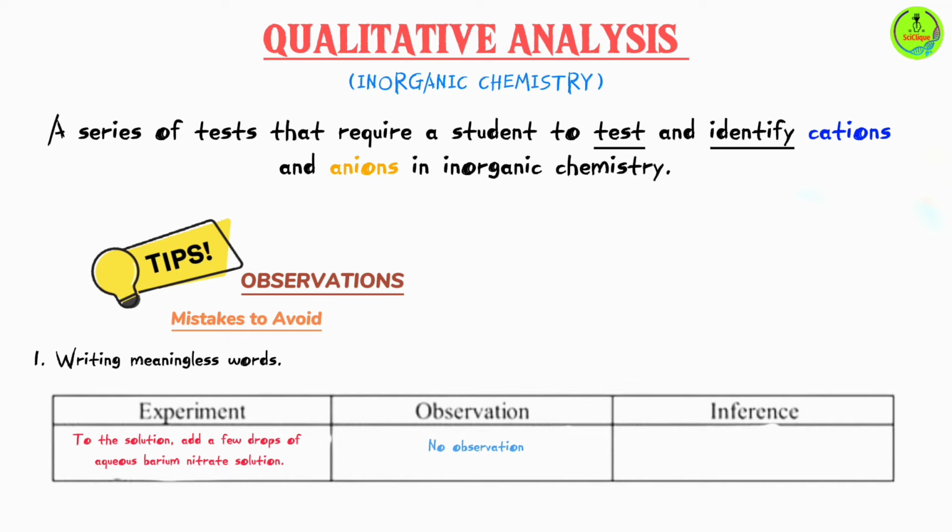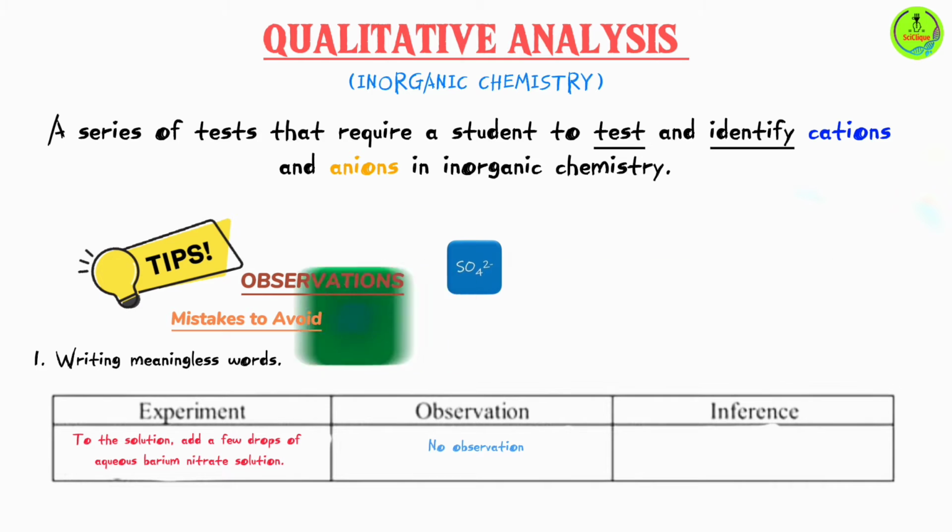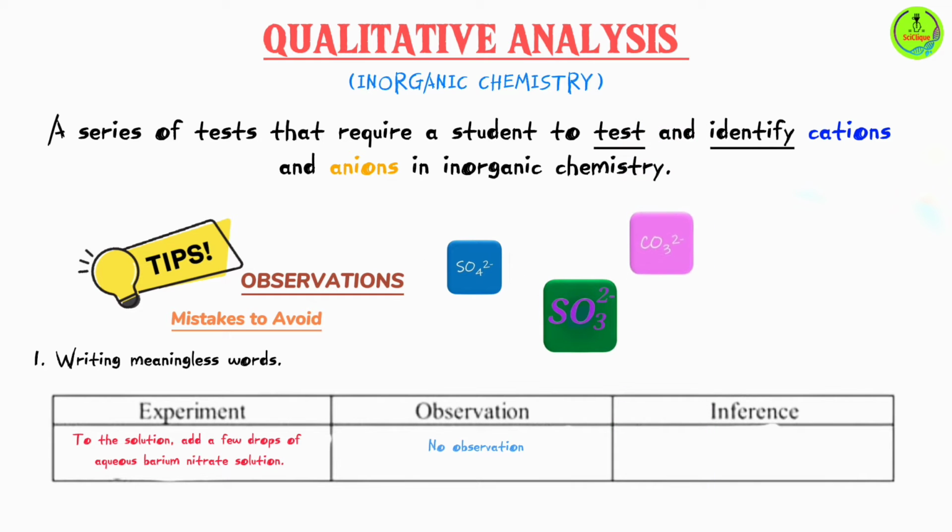Let me give an example. If you're using barium nitrate solution, this is a solution that is used to test for sulfate, sulfide, or carbonate ions. Before using this, you should already know that there are two expected observations. Either you're going to get a white precipitate being formed or no white precipitate formed.